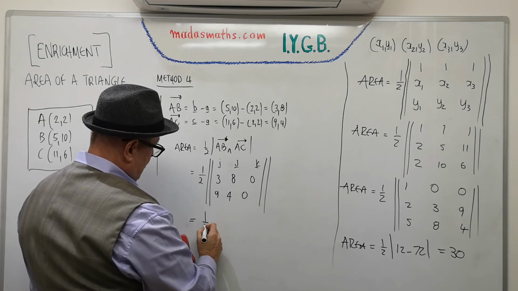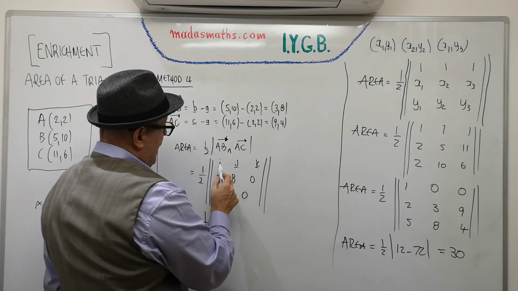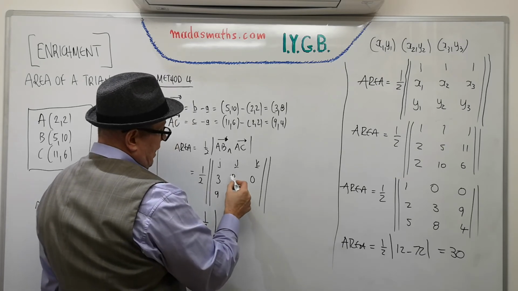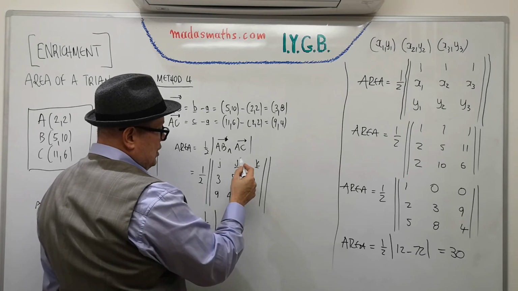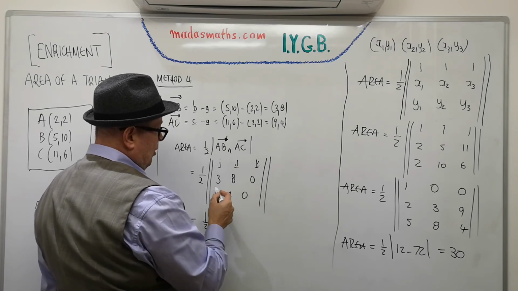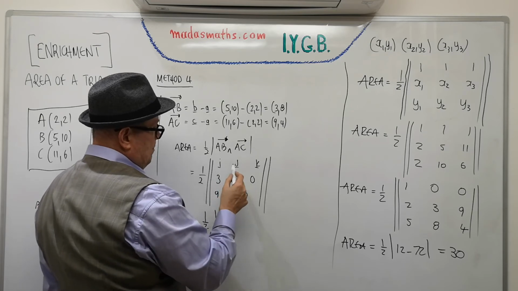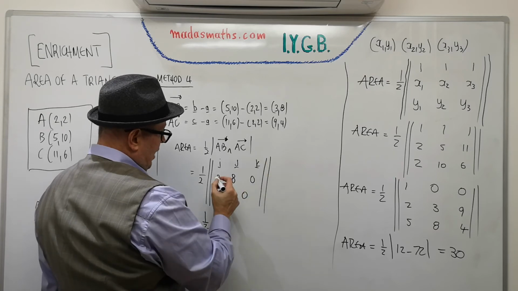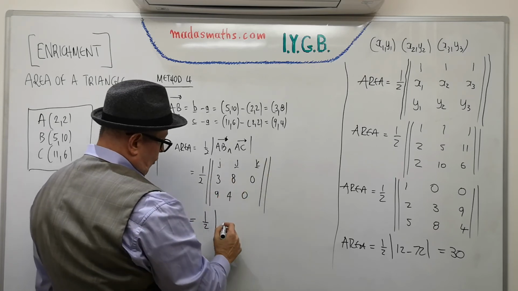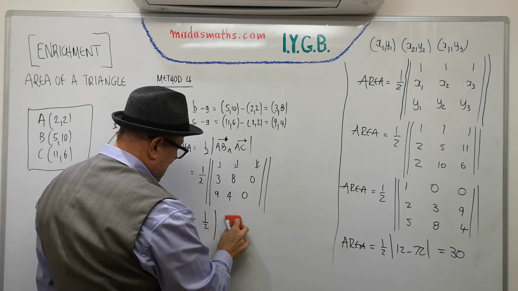This is equal to a half. This is the modulus. Now, if you look at what happens with the i component, 8 times 0 minus 4 times 0 is gone. If you look at the j component, we're going to have 0 minus 0, gone. I'm doing it this way for the j because it has a minus. And for the k component, which is positive, it's going to be 3 times 4, which is 12, minus 72.